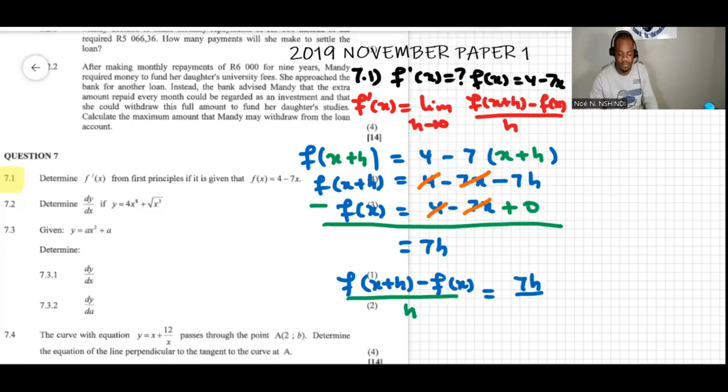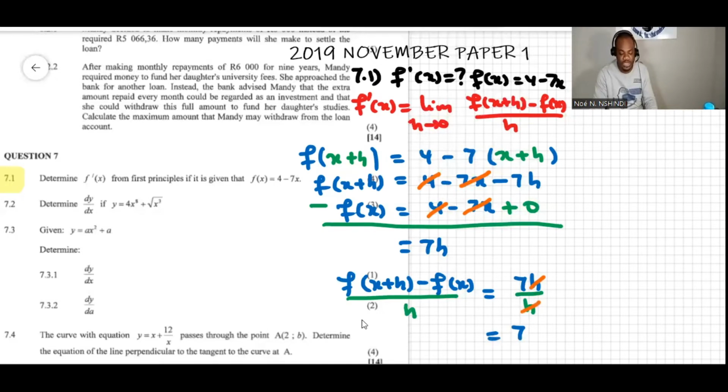Whatever I do on the left, I must also do on the right. I divide by h, and then we can simplify h and h here. This is just going to be equal to 7. Now if I put in the limit of h approaching 0, there is no h here, so this is the final answer. The answer is just going to be 7.